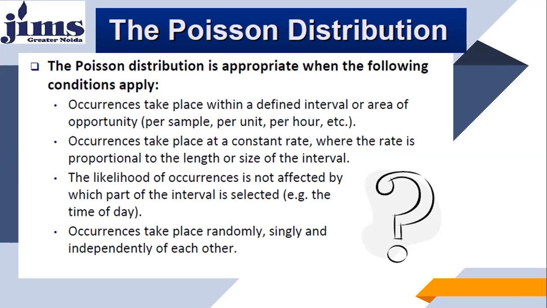Third, the likelihood of occurrence is not affected by which part of the interval is selected, for example, the time of day. Fourth, occurrence takes place randomly, singly, and independently of each other.